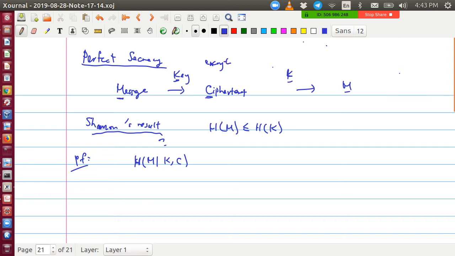You have the key, you encrypt the message into the ciphertext, and then you use the key to recover the message again. So what's the conditional entropy of M given K and C?